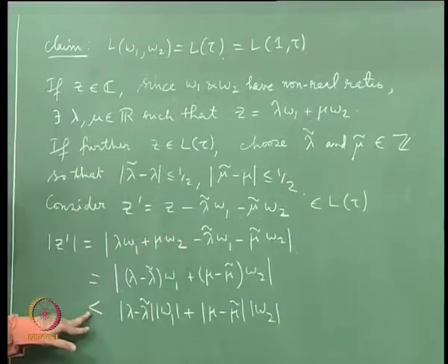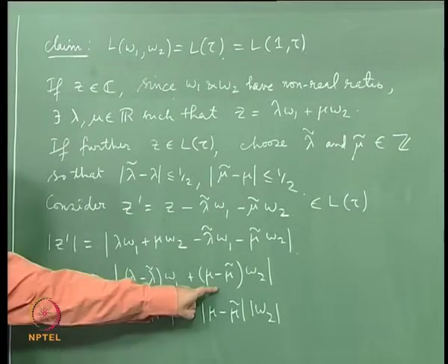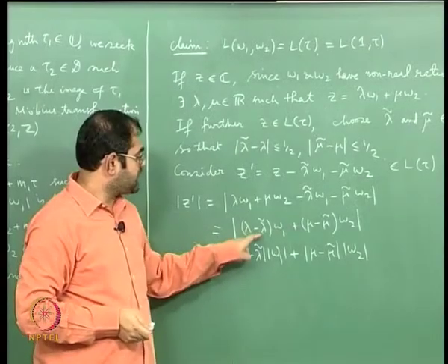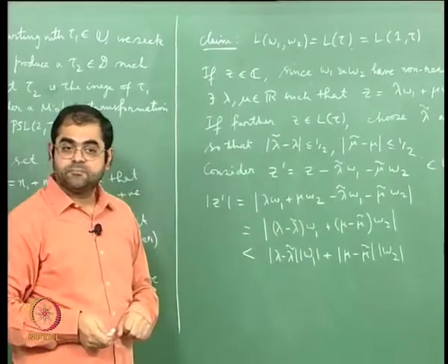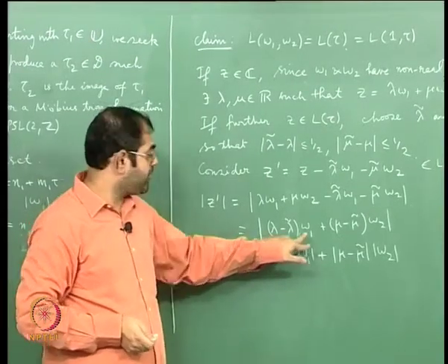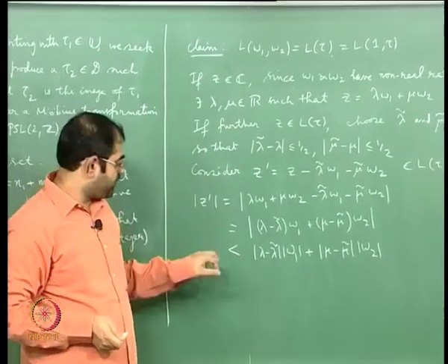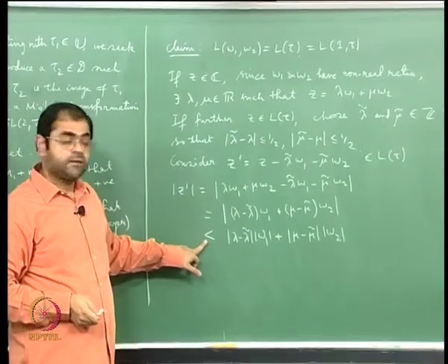This is actually less than or equal to by the triangle inequality, and in the triangle inequality you get equality only when one is a real multiple of the other, which it is not. Omega 1 is not a real multiple of omega 2, they have non-real ratio, therefore it is a strict inequality in the triangle inequality.